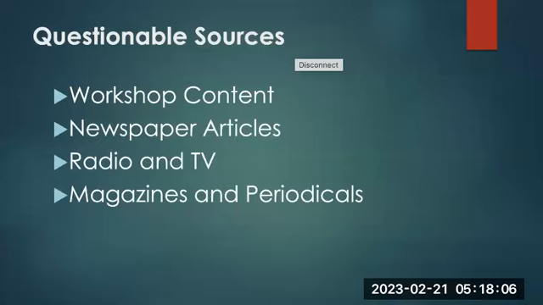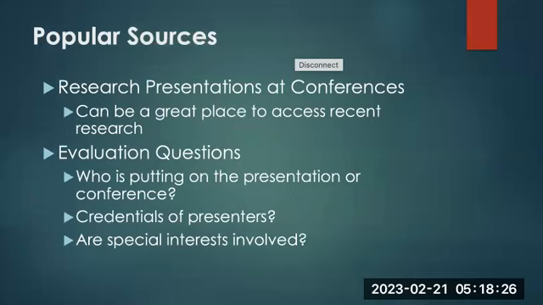So that's one of the things that you need to question. Is the information provided based on sound research? Are they trying to persuade? Are they biased? You need to think about some of those factors because these sources do not go through a peer review process.